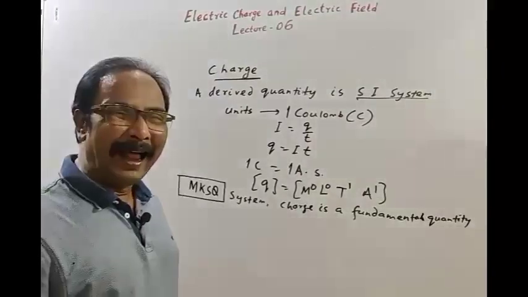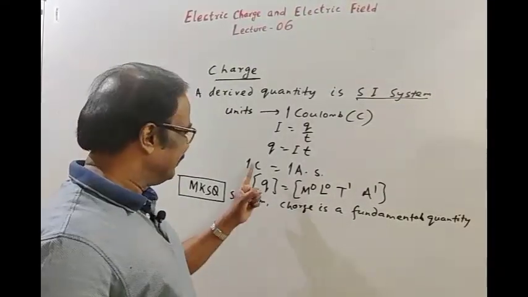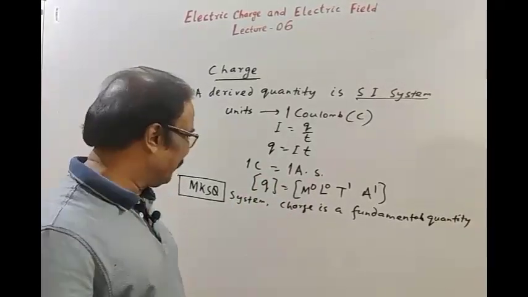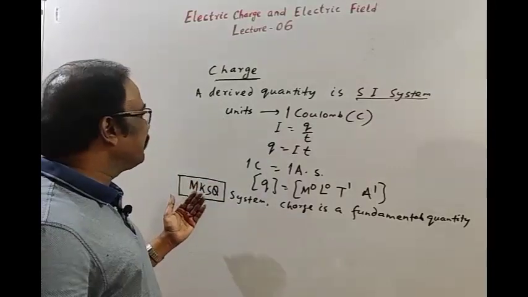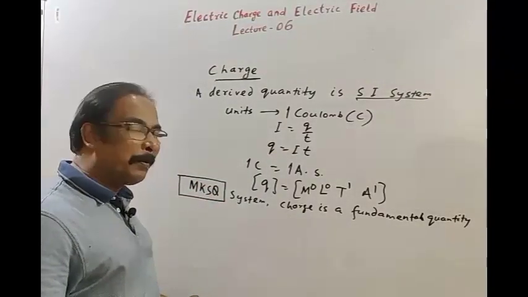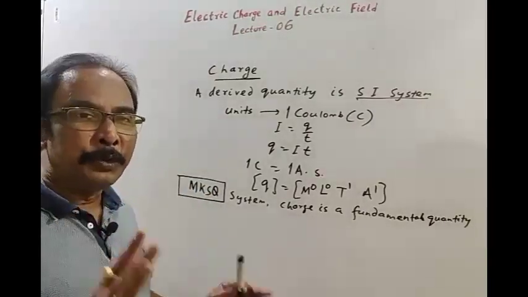Okay, this much. Now we will know how to convert Coulomb into CGS units of charge. Okay, this is all about MKS-Q. If charge is taken as a fundamental quantity, then MKS system is extended to MKS-Q system.